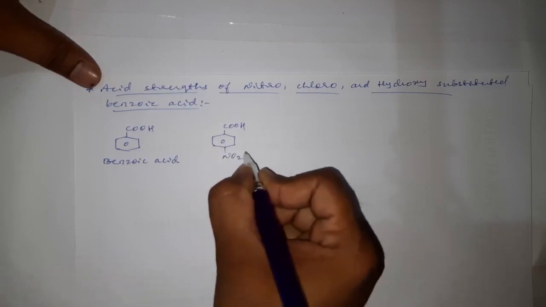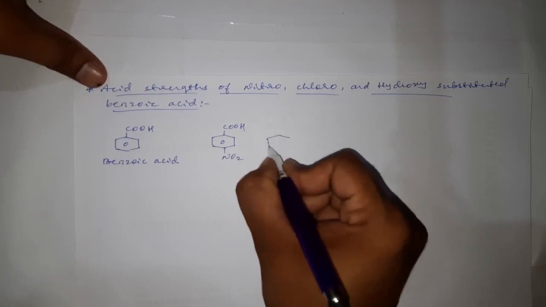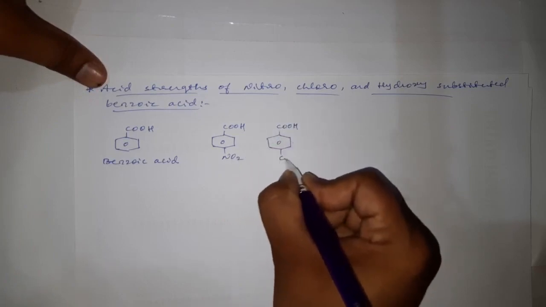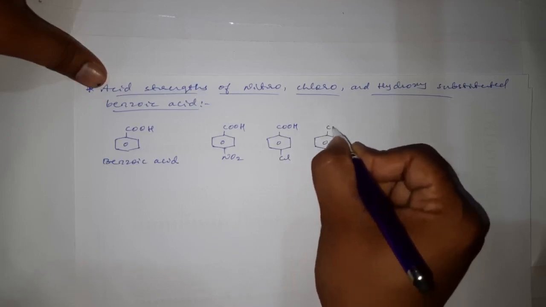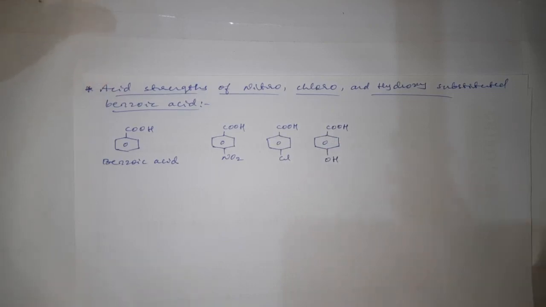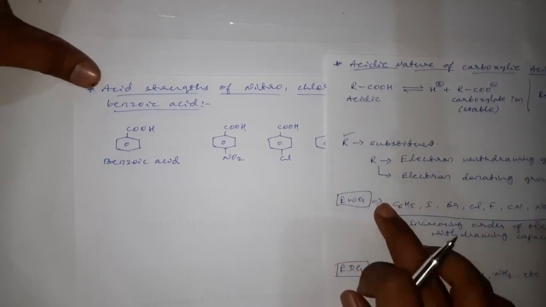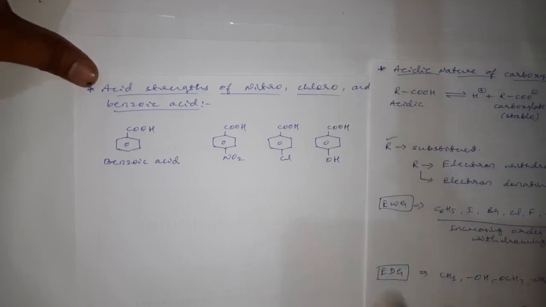For understanding purpose, I am taking all the substituents at para position. Chlorobenzoic acid and hydroxybenzoic acid. Then by looking into the examples which are given in electron withdrawing and electron donating groups, we can easily say which is more acidic and which is less acidic.